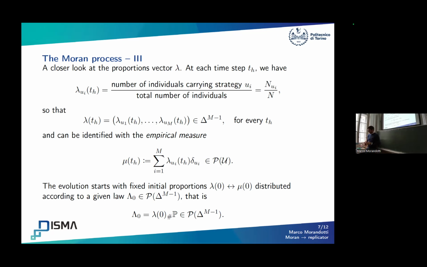Basically, the capital Lambda at the initial time is the push forward, through the vector of weights, of a reference probability measure that I put on the probability space Omega, F, P, because all these are random variables. So I do the push forward of the reference probability measure, and this describes a probability measure on the simplex.